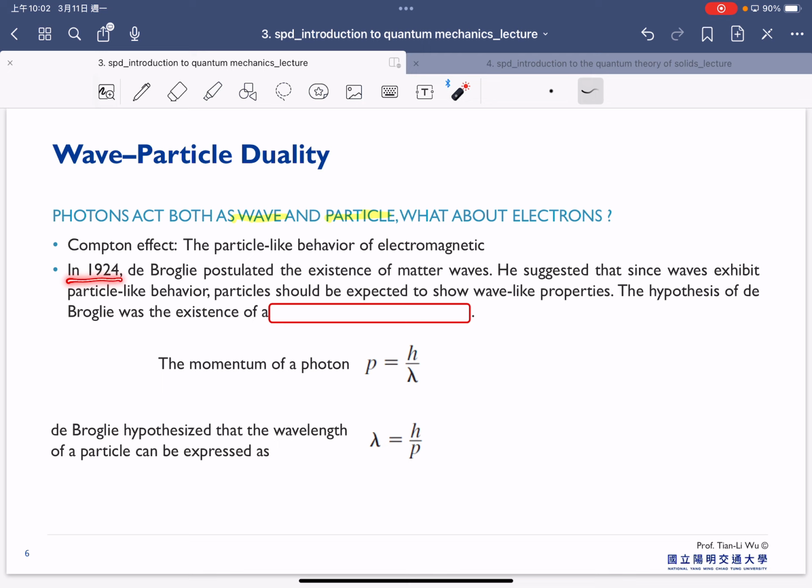So in 1924, de Broglie assumed the existence of matter waves. He suggested that since a wave exhibits particle-like behavior, particles should be expected to show wave-like properties. So the hypothesis of de Broglie was the existence of wave-particle duality.